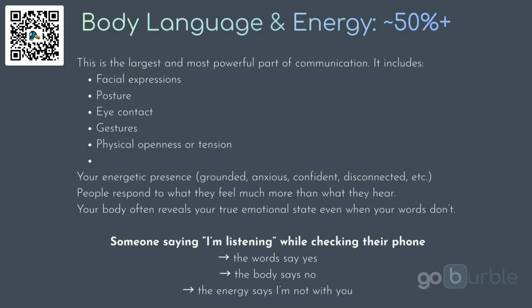Body language, facial expressions, posture, eye contact, gestures, right? All of these things play into it. So if someone's saying, I'm listening to you, but they're checking their phones, it's like, you're not listening to me. Your body language is totally blowing me off. Or if they're looking at their computer while you're talking to them, there's no emotional connection there through the body language and energy.